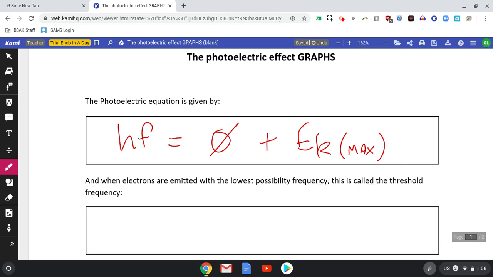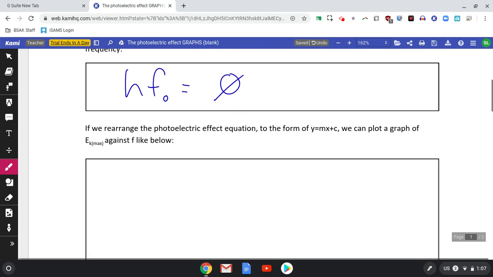So as we saw when we played with the animation yesterday, when the frequency is the threshold frequency, that's f0, then the photon energy is exactly equal to the work function. So it's a very easy way of measuring the work function of your metal, using your photocell.